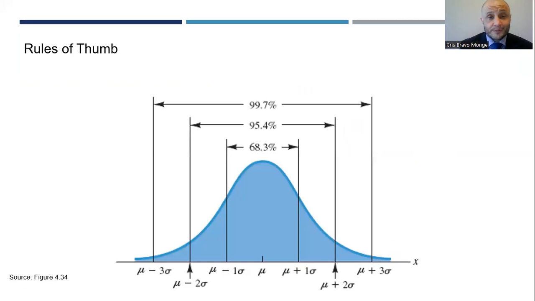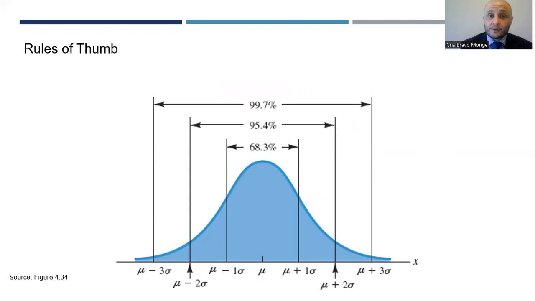We have seen these rules of thumb already. We are going to use the mean and the standard deviation to make some interesting rules of thumb. The first one is that between the mean minus one standard deviation or plus one standard deviation, we're going to find 68% of the data.